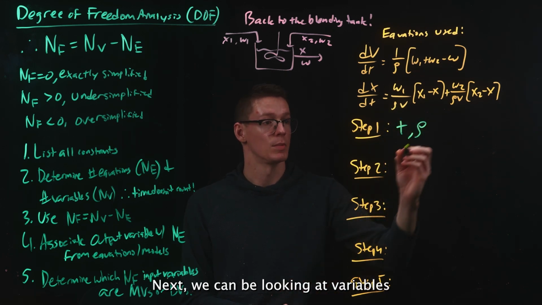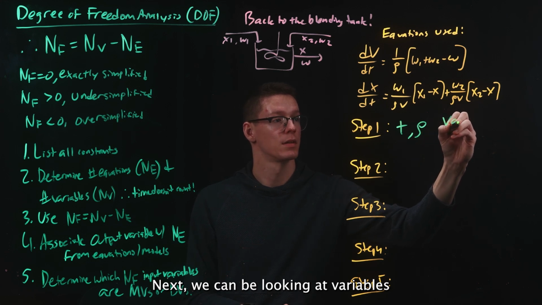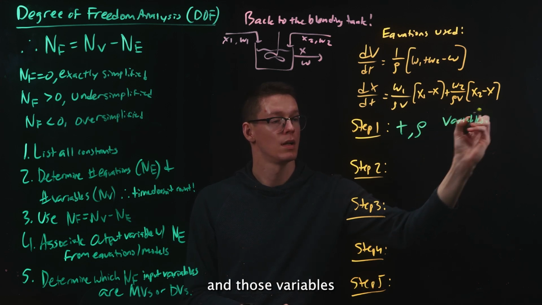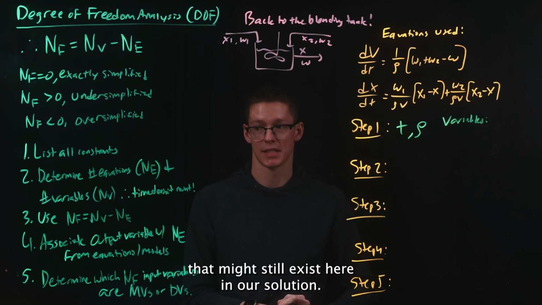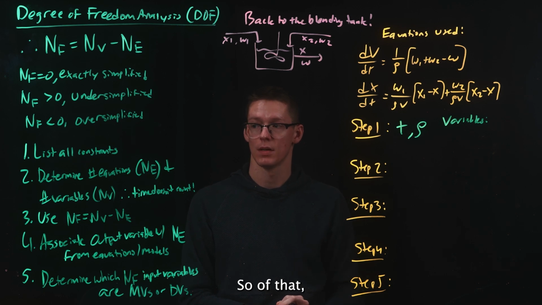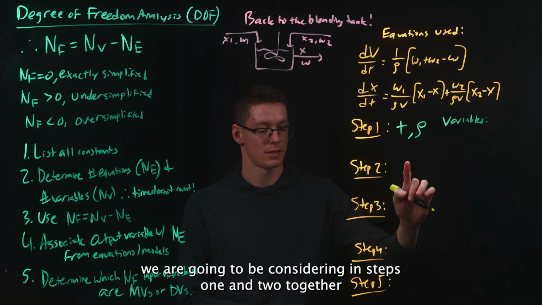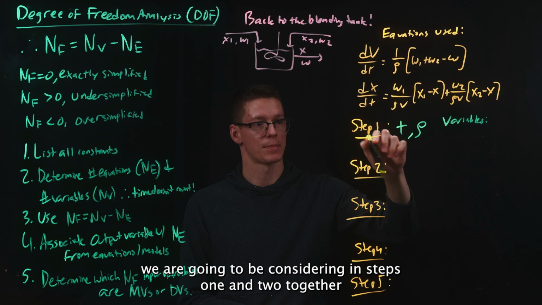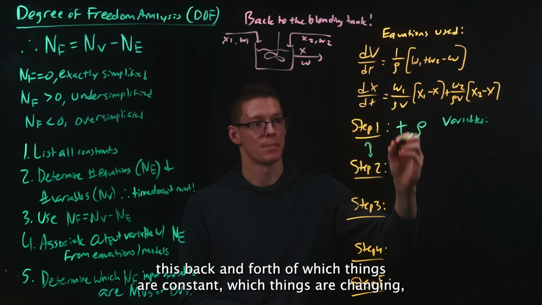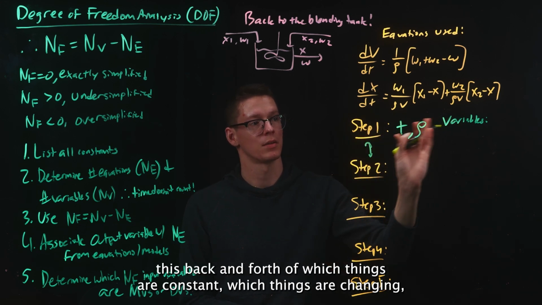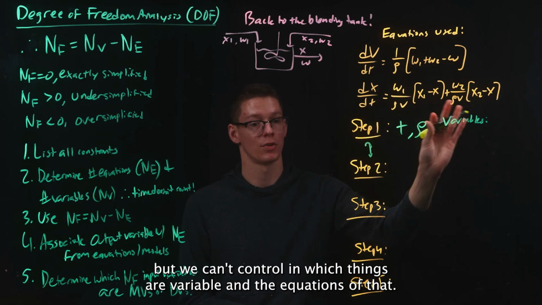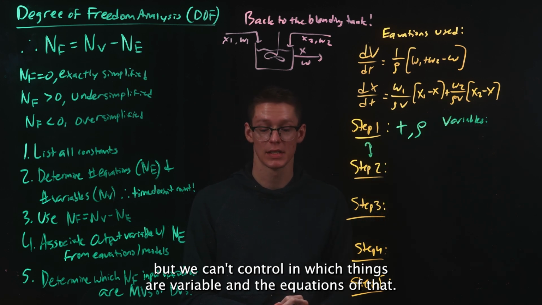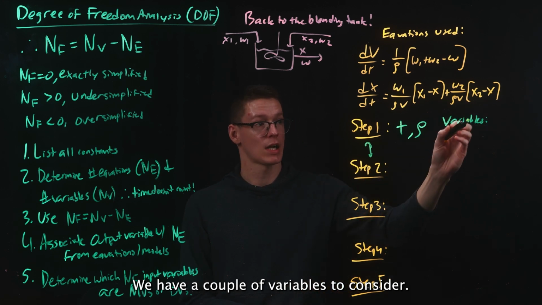Next, we can be looking at variables, and those variables that might still exist here in our solution. So we are going to be considering in steps 1 and 2 together this back and forth of which things are constant, which things are changing but we can't control, and which things are variable in the equations. We have a couple of variables to consider.